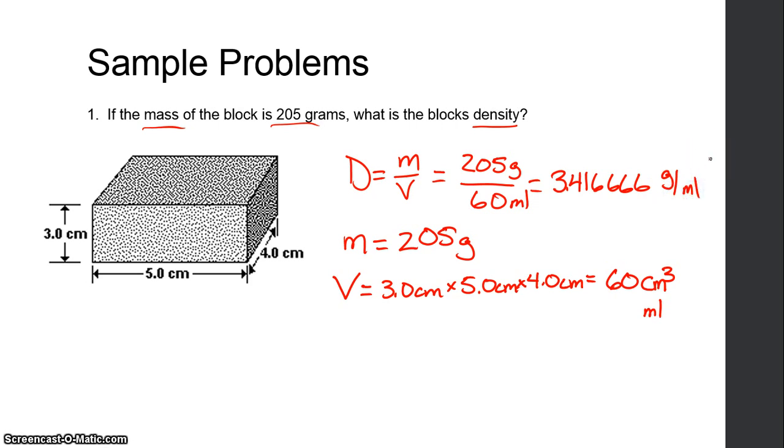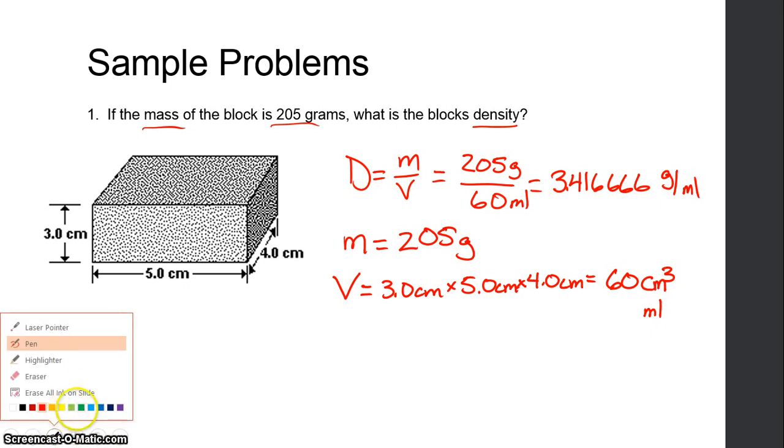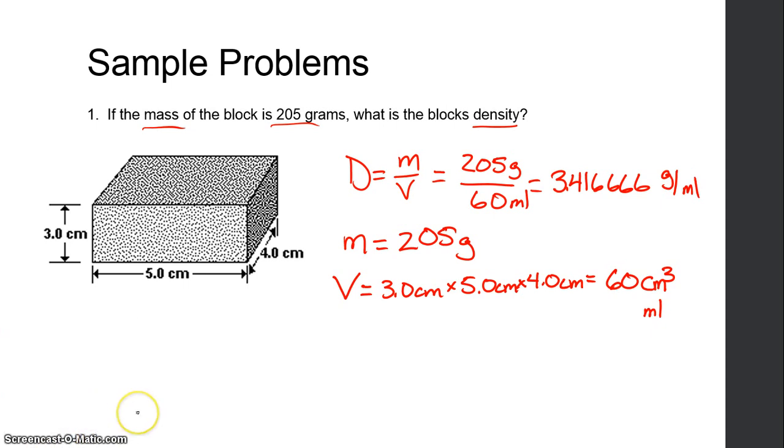Now, our discussion on SigFigs today: the reason that we use SigFigs is because we can only show an answer or value that is as good as our least precise measurement. So we have to go back to our problem and look at the measurements that we were given. The measurements that we actually have in the problem are 205 and then our length, width, and height.